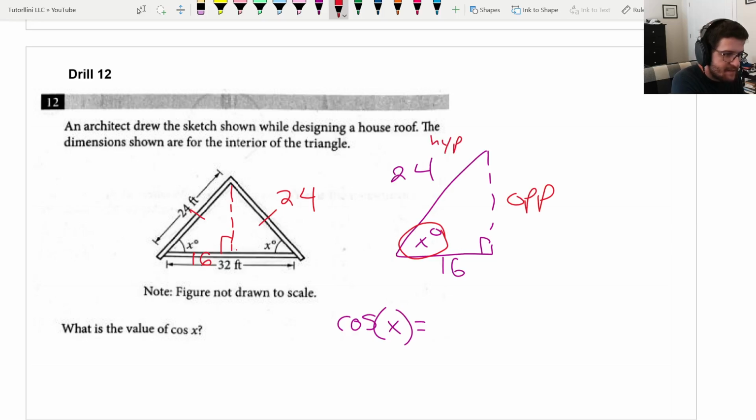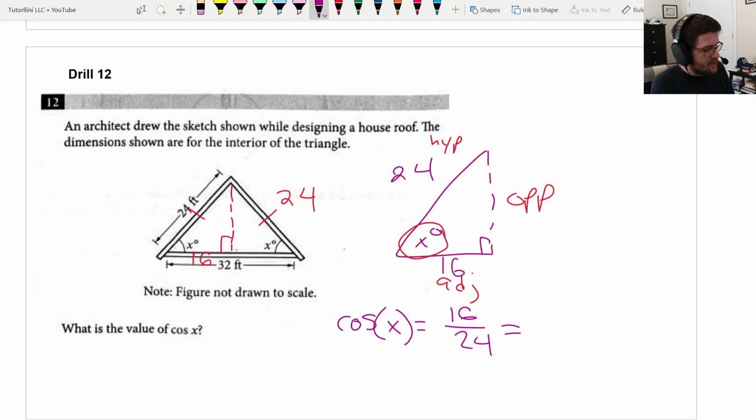And adjacent is the last side. Okay, so we're going to do adjacent over hypotenuse. So adjacent over hypotenuse, cosine, so CAH, 16 over 24. Put that in a calculator, simplify it, and we get 2/3. And that is our answer.